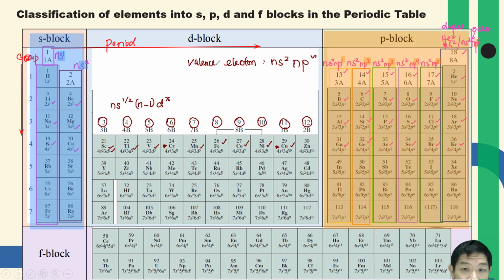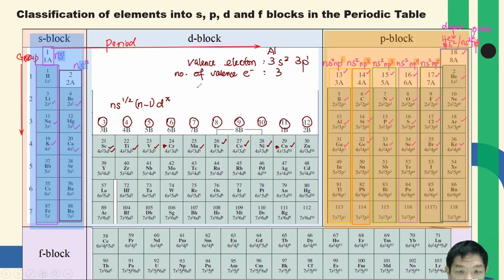Let's take aluminium: the valence electrons of aluminium are 3s2 3p1, so the number of valence electrons is 3.